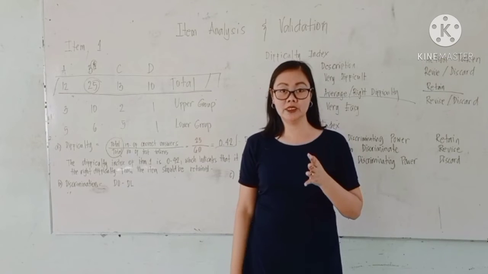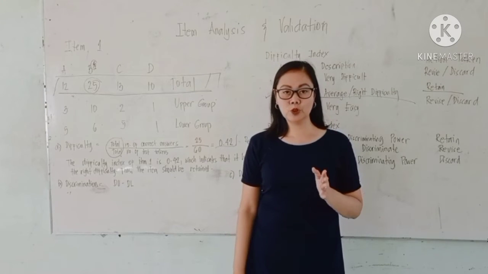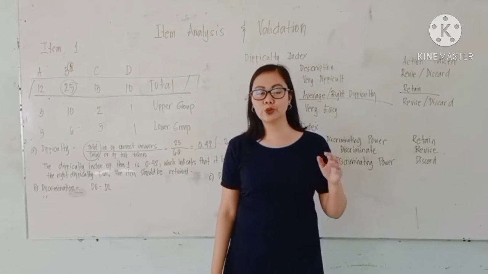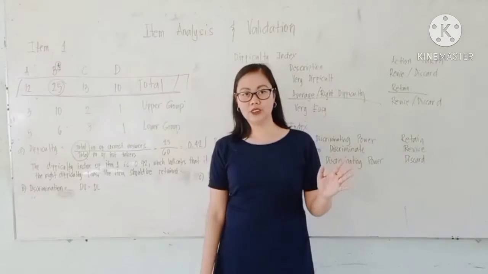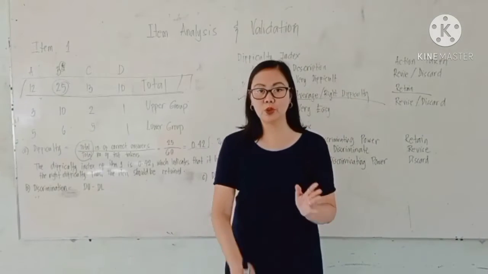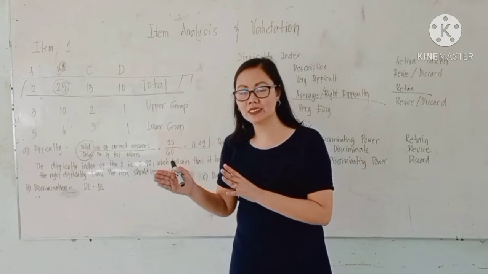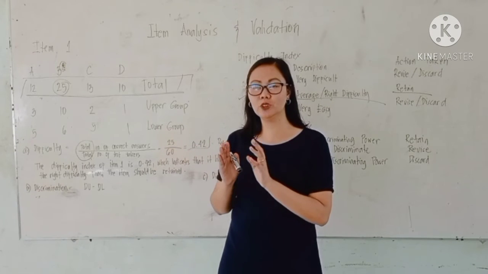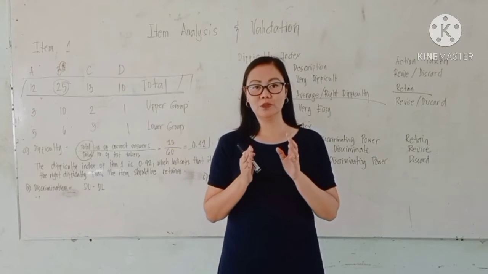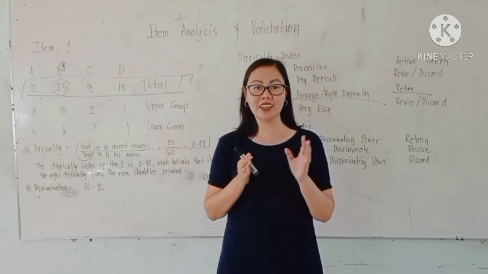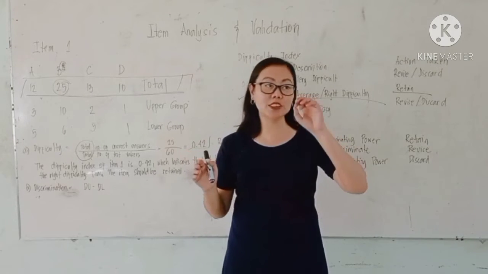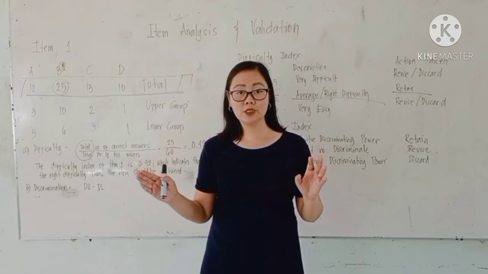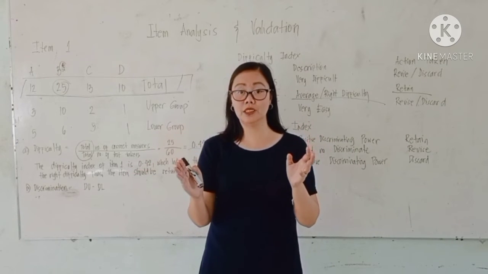Discrimination would mean that this item could determine those students who really reviewed or who really know the answer from those students who just guessed or who did not really know the answer. Dapat kaya nitong item na ito na i-determine kung sino yung talagang nag-aral sa mga hindi nag-aral, kung sino yung natuto sa hindi natuto. So, that's the reason why we have the discriminating power.